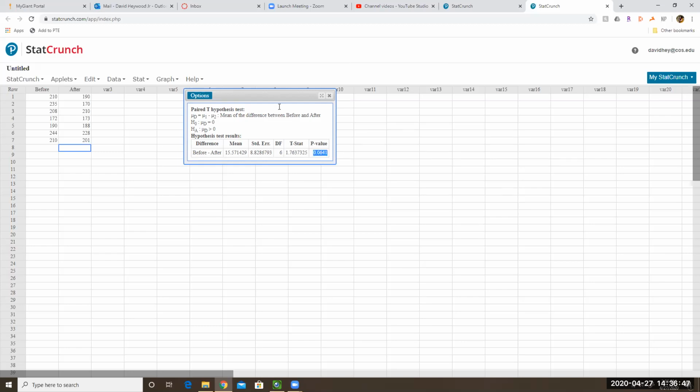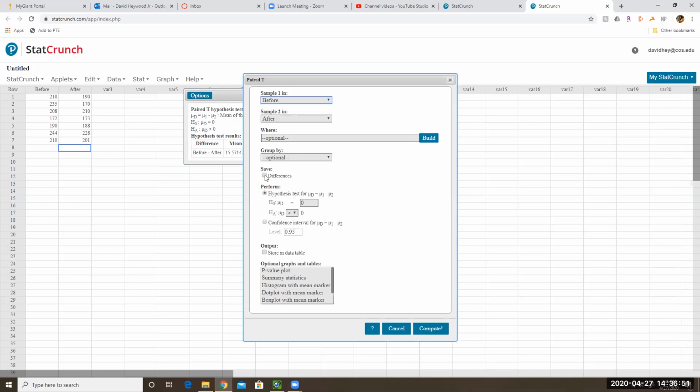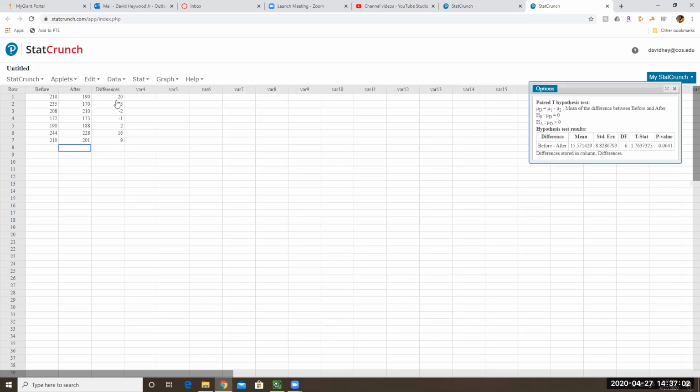By the way, let me just edit this real quick, because you can click on this little box here that says save differences. And what that's going to do is it's going to find the difference between this column and this column, and then it's going to make a new column with the differences. So this is 210 minus 190, 235 minus 170, 208 minus 210, and so forth.